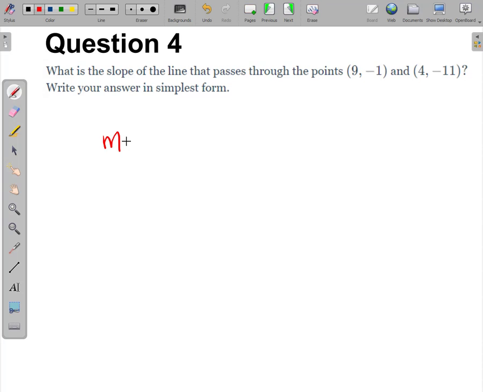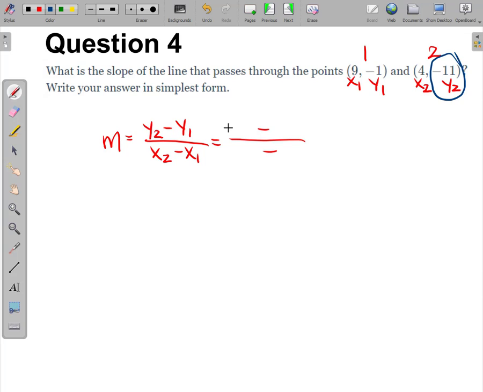Example 4. So slope is y sub 2 minus y sub 1 over x sub 2 minus x sub 1. I'm going to call this one point 1, and I'll call this point 2. So I'll label this as x sub 1, y sub 1, x sub 2, y sub 2.